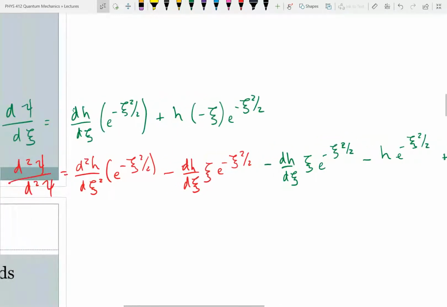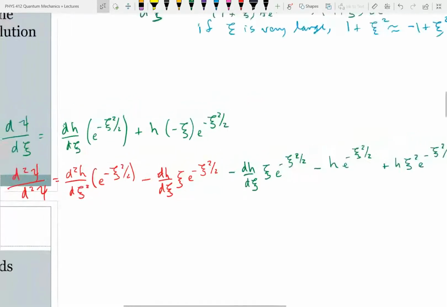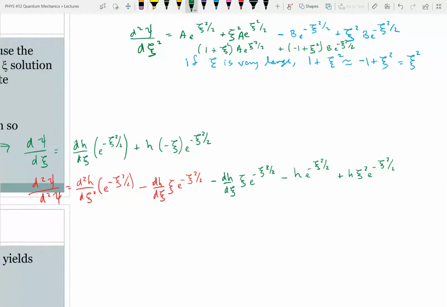Okay, now let's collect terms and try to simplify this a little bit. Notice that these two are identical and that all of them have e to the minus c squared over 2.